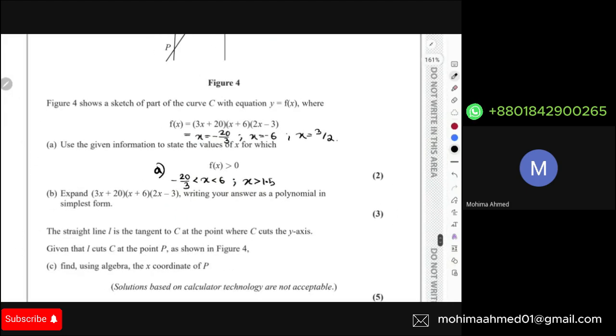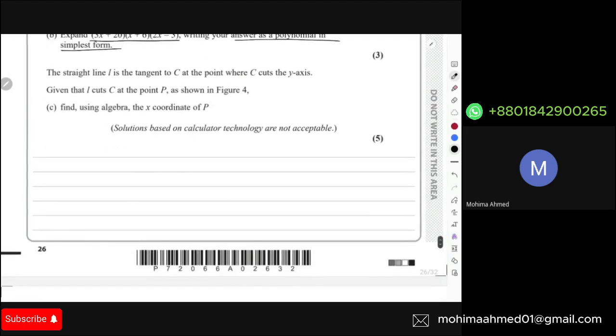After this, now there's this equation, writing your answer as a polynomial in the simplest form. You just have to simplify it now. Okay, so for part B, f(x) was given as 3x plus 20, then x plus 6, and then 2x minus 3. From that, if I multiply the 3x with x plus 6, we get 3x squared plus 18x plus 20x plus 120.